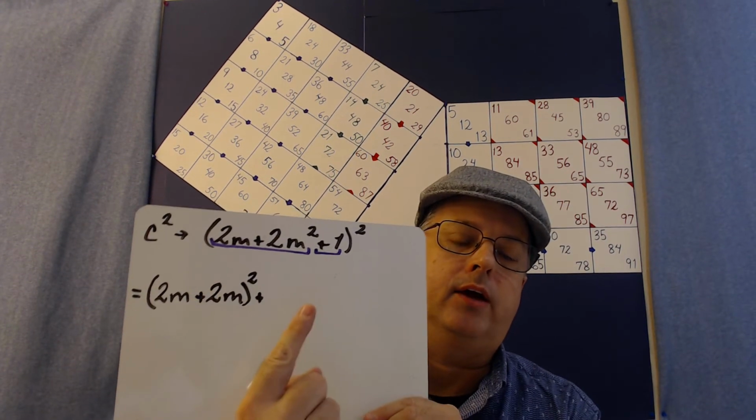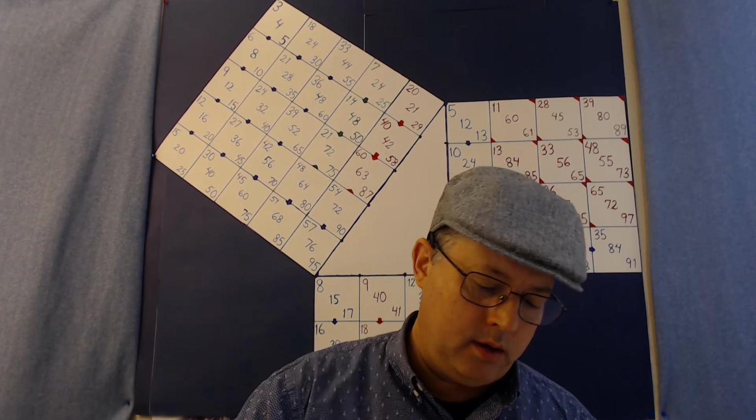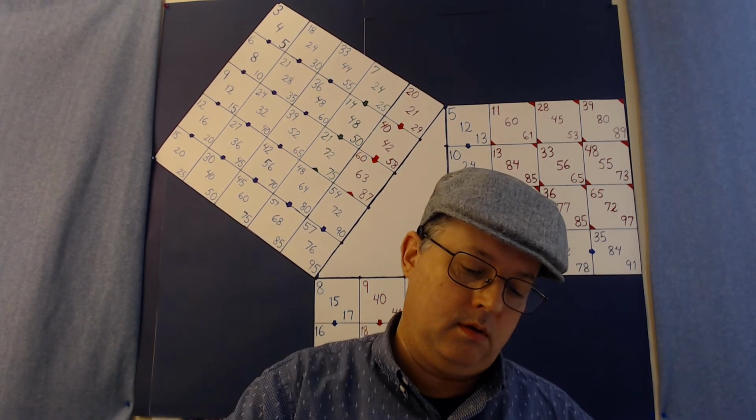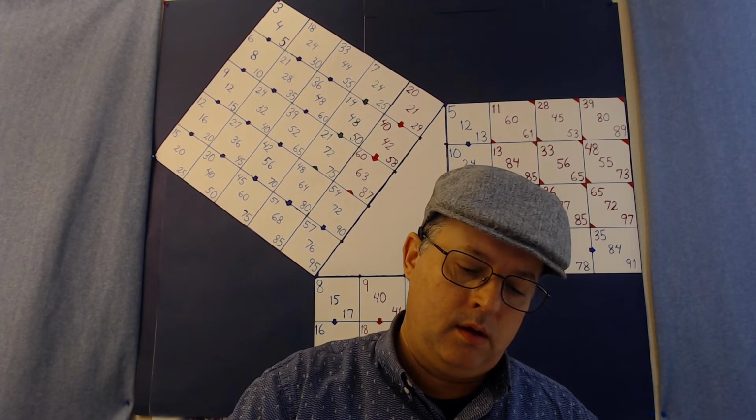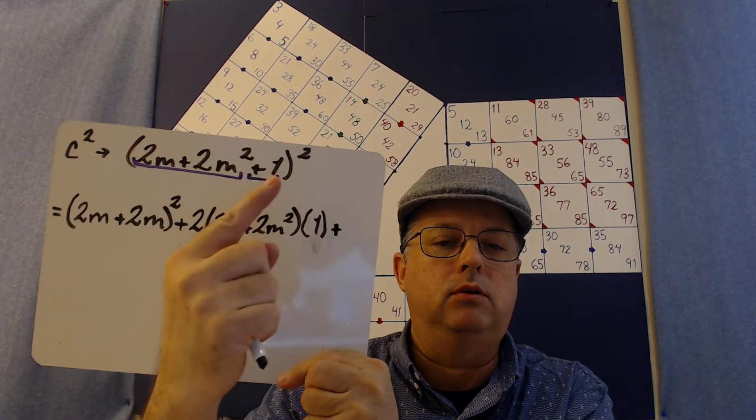Okay, so there we have x squared, and now we're going to have the 2xy, so plus 2, and then again the x is 2m plus 2m squared, and the y is 1, and then the y squared is going to be 1. So we have x squared plus 2xy plus y squared. That's the 1 there, so we have 1 squared. Let's go ahead and put that in parentheses for consistency here.